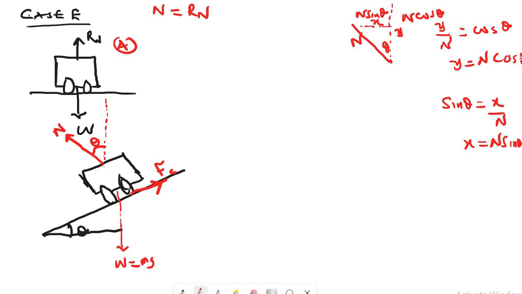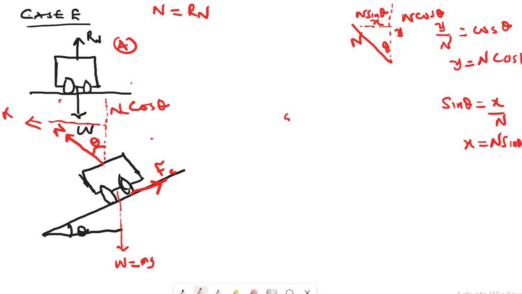So in this context, vertical is N cos theta.